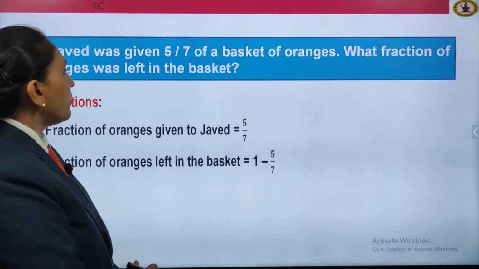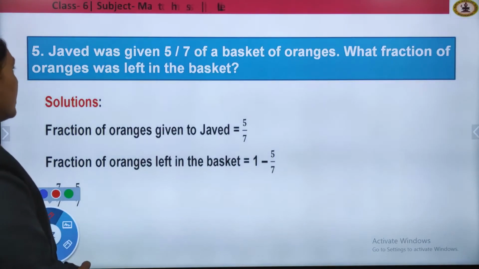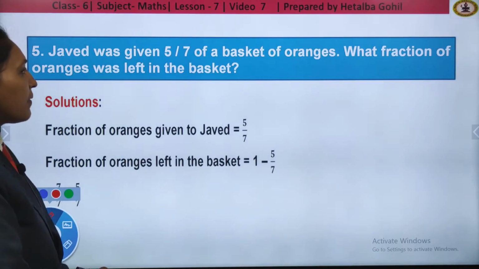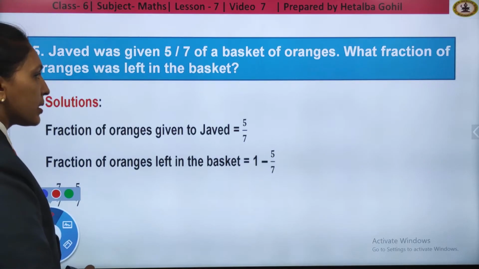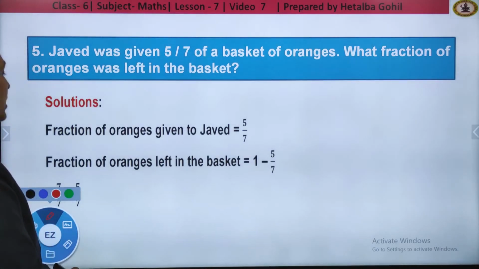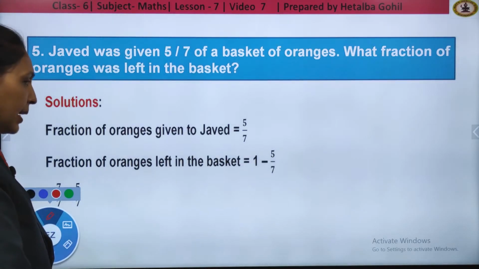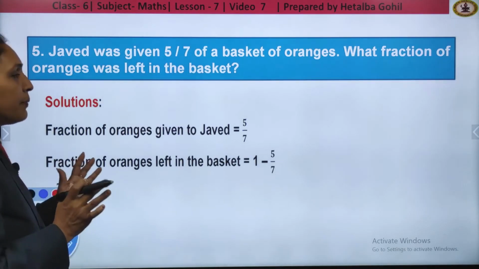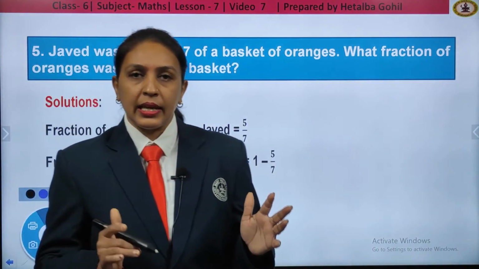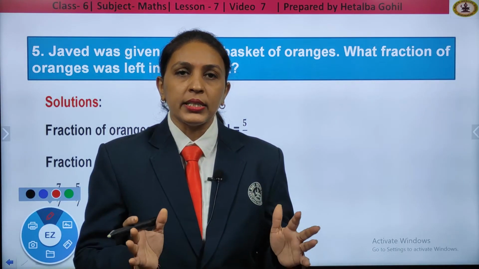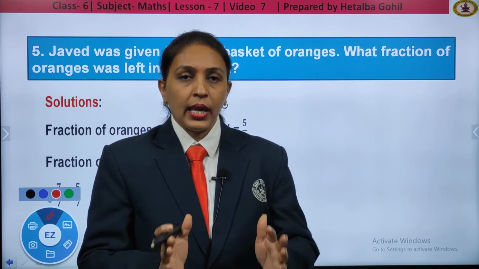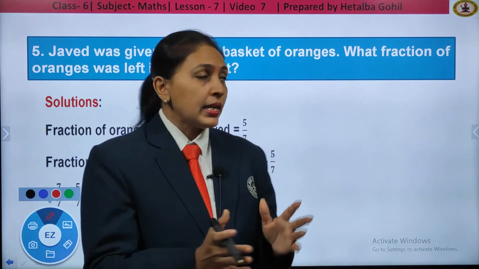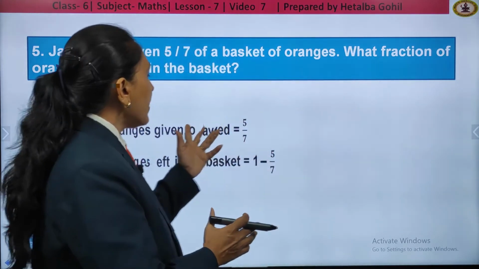Now, one more word problem we have here. Javed was given 5/7 of a basket of oranges. What fraction of oranges was left in the basket? Now, one full basket of oranges is there, children. Always one full quantity we take it as 1. Okay. After that full basket, Javed took away, means he was given 5/7 of the oranges from that one whole basket.